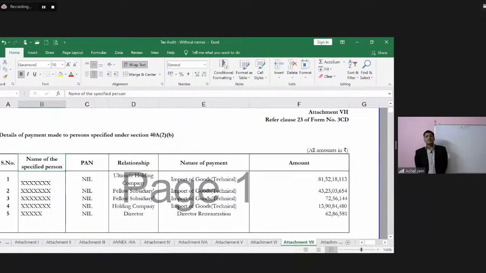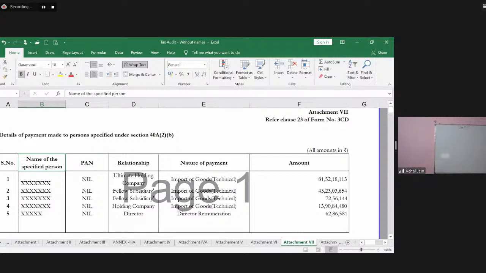So that will form the basis, because most of those parties will also meet the criteria of specified person under this section of the Income Tax Act. So the auditor will first of all have to ensure whether all those parties which have been reported in the financial statements have got captured over here or not. If those have been captured, then the first step of the auditor to ensure the completeness of the transactions is completed.